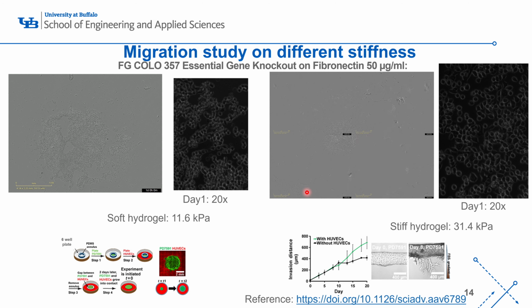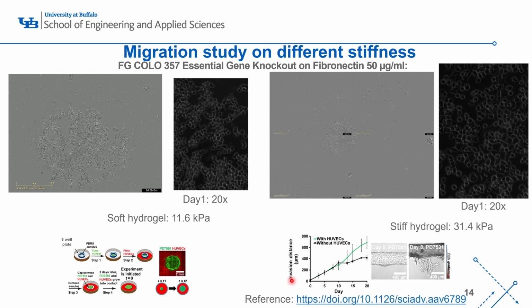the cells will not only depend upon the stiffness, but also on the surrounding environment. There is one study published in a paper that when the surrounding environment is covered with endothelial cells, in this case they have used HUVEC cells, then they see more migration.